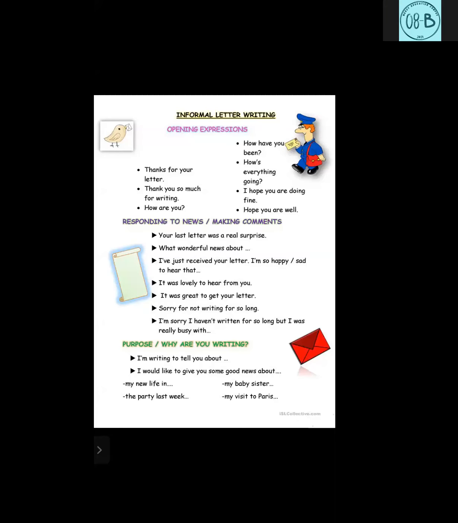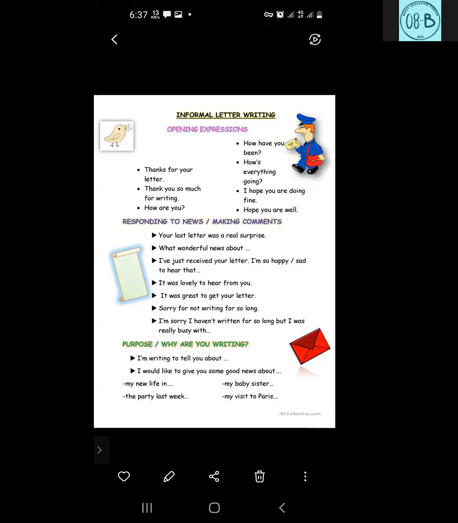Wait a minute. I'm going to share the screen. Here is the opening expression. Opening expressions mean the non-body part. We can divide the body part into two. The first one is the starting. After that we really write the matters we are going to discuss, isn't it?